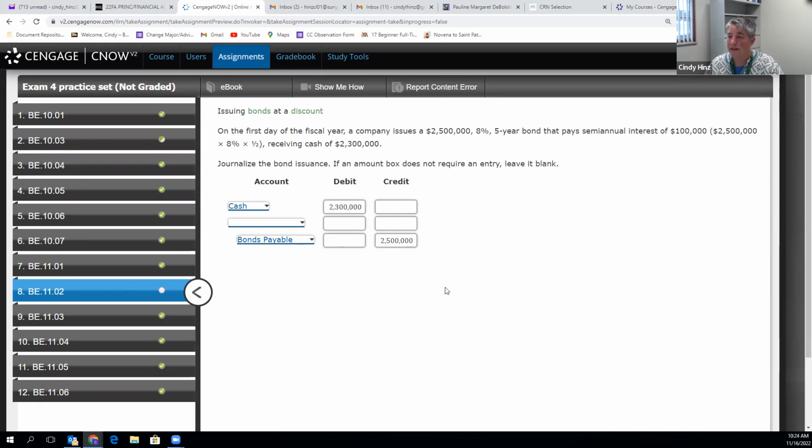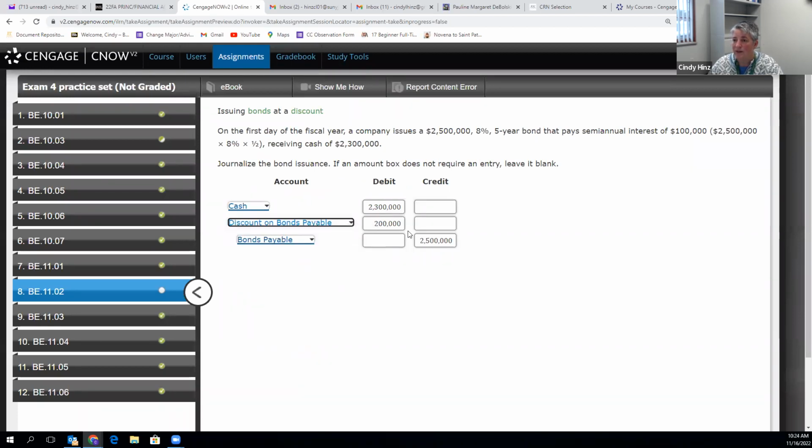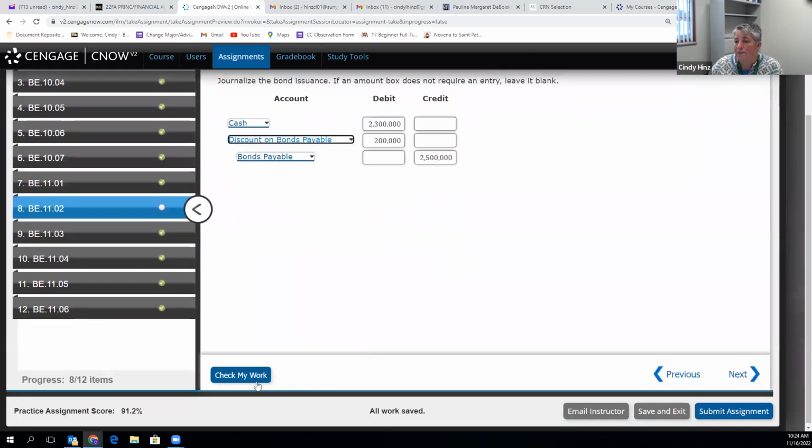And so that must always be recorded in the bond payable account, the full face value. And the premium or discount is the amount that we need to balance this. We know they sold at a discount because they sold for less than face value. Discounts always have a debit balance. Premiums, on the other hand, always have a credit balance.